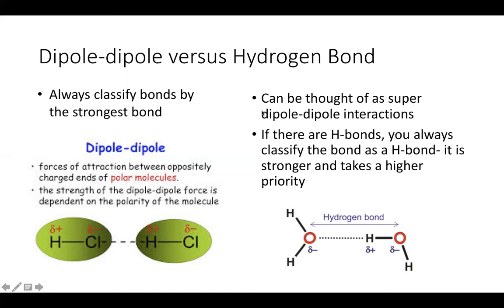So a hydrogen bond can be thought of as a super dipole-dipole interaction. If H bonds are present, you always classify the bond as an H bond. It's stronger, it has more effect on how that substance is going to act, and so it takes a higher priority. So if it's a choice between a hydrogen bond and a dipole-dipole, and it is in fact a hydrogen bond, pick hydrogen bond.